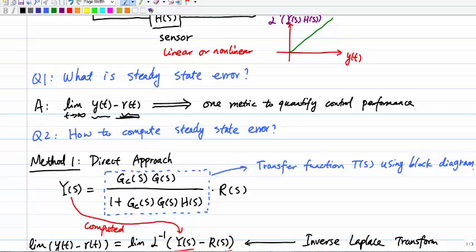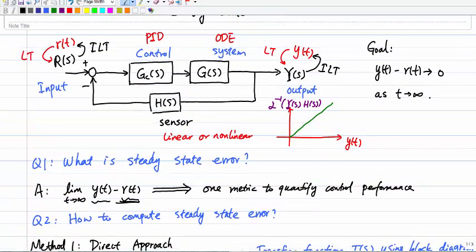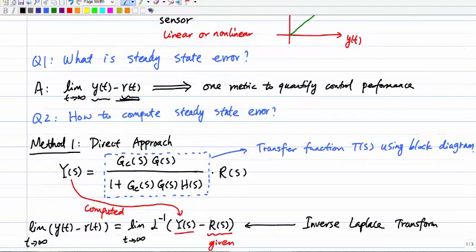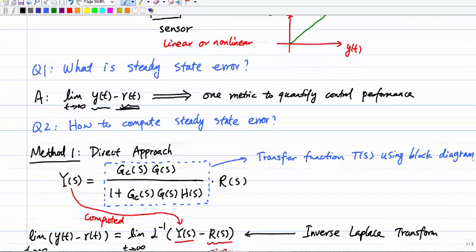The first step is to compute y sub s given this block diagram. We are talking about how to compute, for the block diagram, the relationship between the input and the output, which is called the transfer function. We can compute y sub s given r sub s in this form.